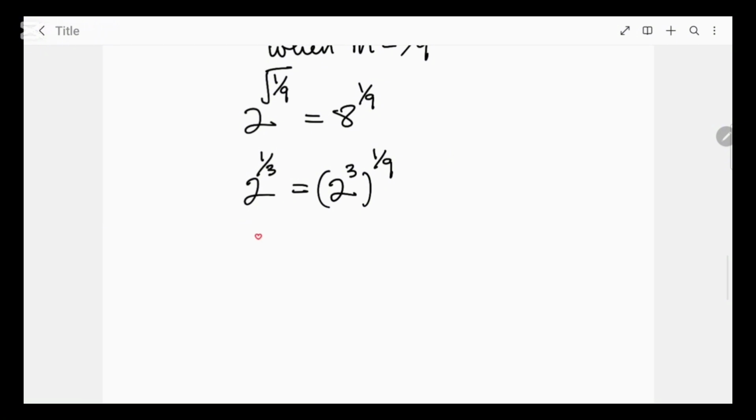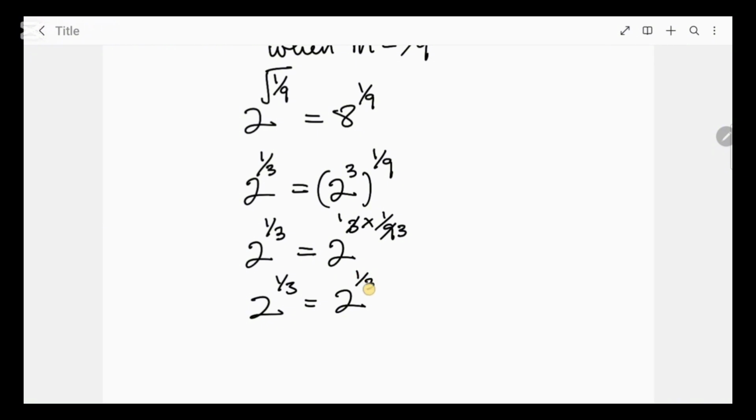Very good. So we have the left hand side as 2 to the power of 1 over 3 equal to the right hand side. Applying the law of indices, we have 2 to the power of 3 times 1 over 9. And this gives us 2 to the power of 1 over 3. So we have the left hand side and the right hand side to be the same, which also shows that m equal to 1 over 9 checks out.